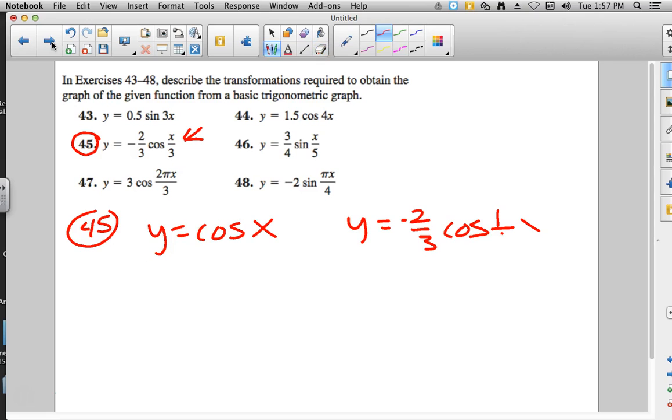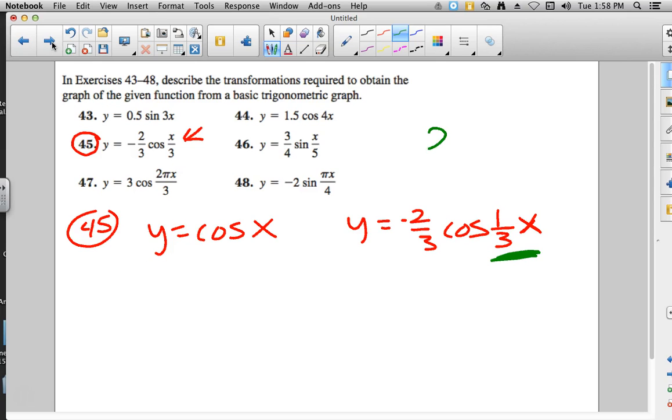And what we have to do is remember that x behaves the opposite of what we would normally think. And I need to start with that x. So I'm going to start right there. And I realize that there's a 1/3 in front of the x, but again, that's opposite of what we would normally think. A third of something we would think is a shrink, but it's not.